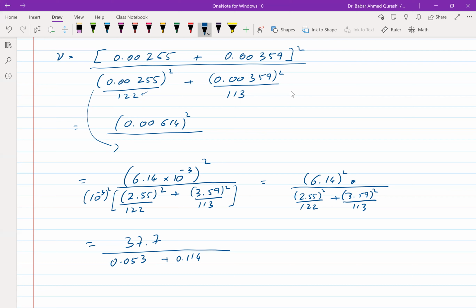So I get 0.053 plus 0.114 divided by 37.7.